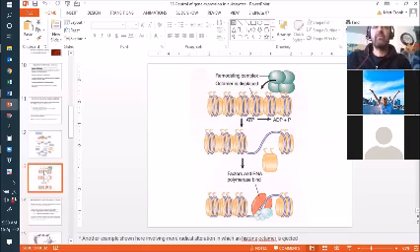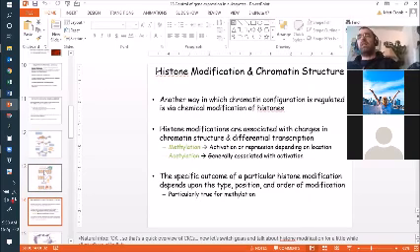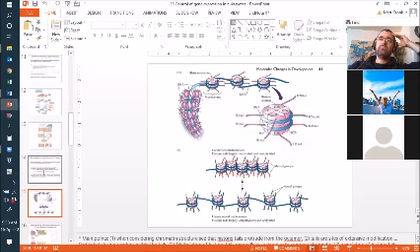All right, so that's kind of broad brush stuff. You can also get into specific changes to histones themselves, and this really comes down to how histones interact with DNA. There's actually a histone code.